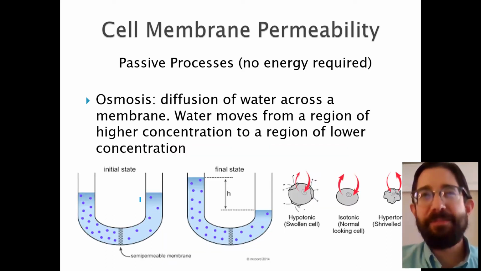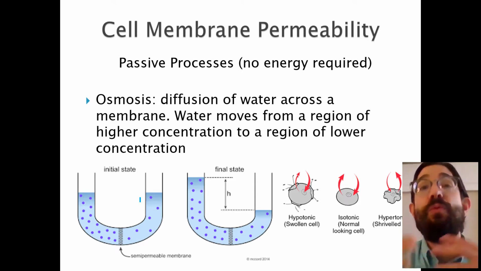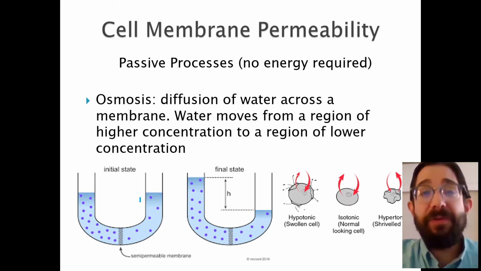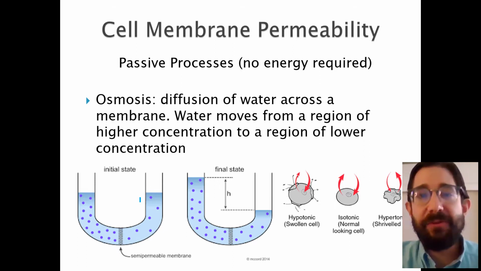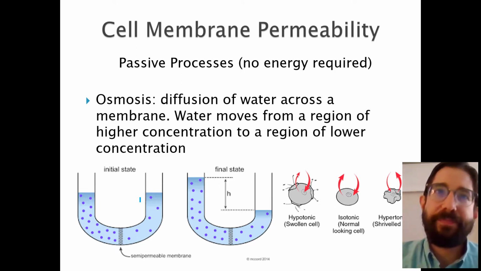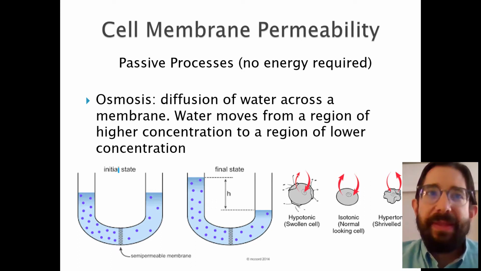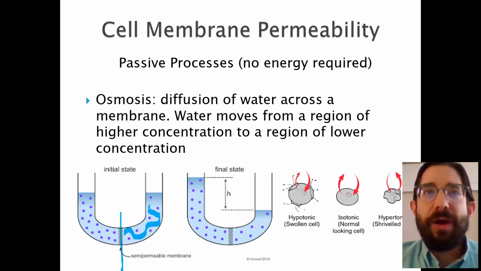The final passive process that's important in cells and cell membranes is osmosis. Water molecules can diffuse also. They also want to move from areas of high concentration to low concentration. If we see a U-shaped flask or beaker with a semi-permeable membrane in the middle, on one side we could see there's a lot of water molecules because there's not much solute.